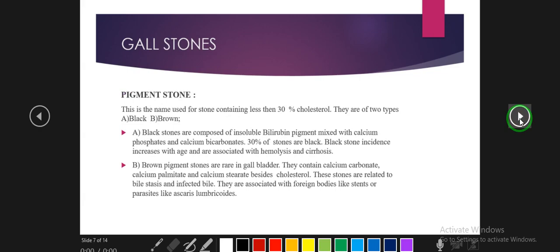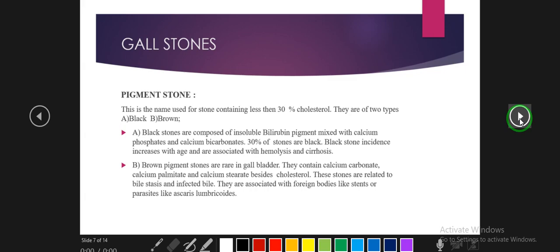Pigment stone: this is the name used for stone containing less than 30% cholesterol. They are of 2 types, black and brown. Black stones are composed of insoluble bilirubin pigment mixed with calcium phosphates and calcium bicarbonate. 30% of stones are black. Black stones incidence increases with age and are associated with hemolysis and cirrhosis.